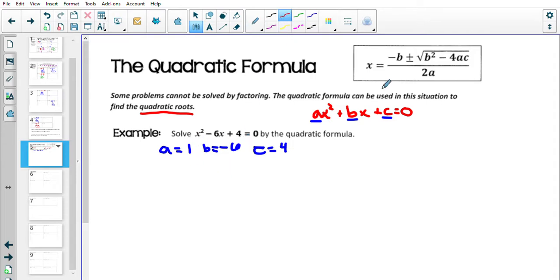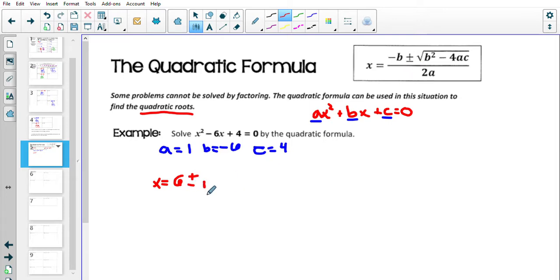All right, so the first thing, I have x equals, it says negative b. Well, my value of b is already negative 6, so this tells me I need to do the opposite of what I have here. So the opposite of negative 6 is positive 6. Then I have my plus or minus sign. I'm going to explain why we have that in a moment.